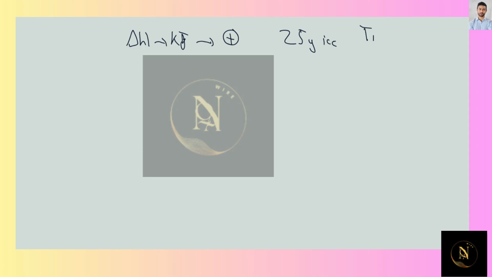The initial temperature is going to be equal to minus 4 degrees Celsius. The final temperature is going to be equal to 109 degrees Celsius, and we're going to end up with water vapor. We know that the specific heat for ice is going to be 2.09 joules per gram degree Celsius or Kelvin.